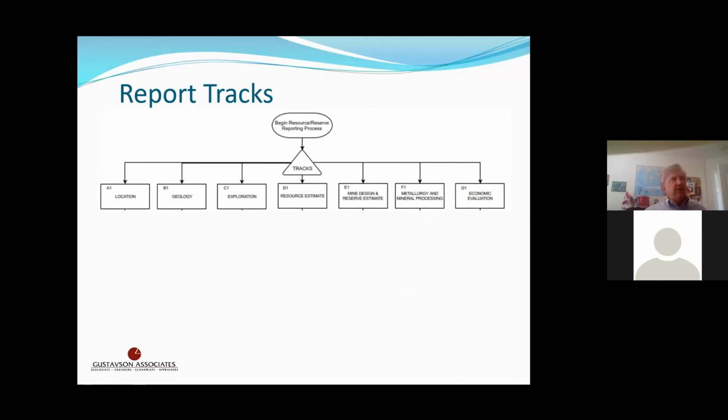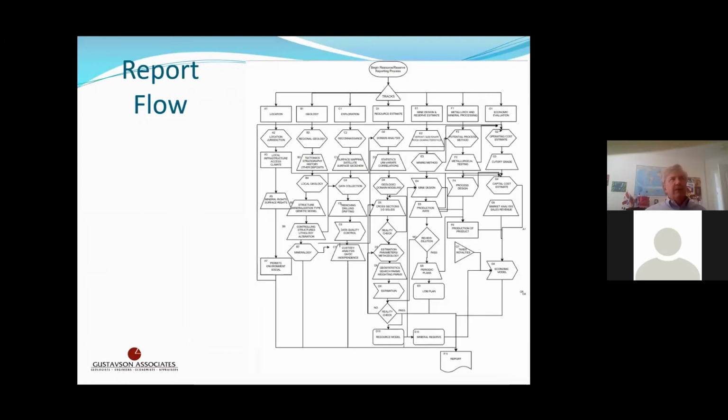And I have put together a flowchart highlighting how I believe all of those cross-link to each other. For anyone who really wants to see it, I can make this available to you after the talk.